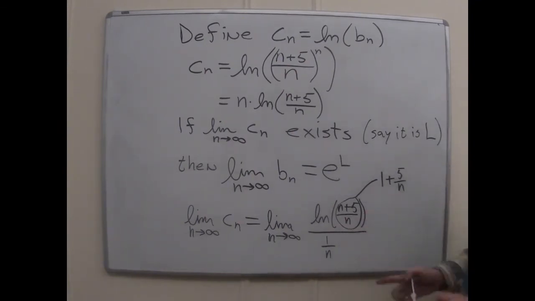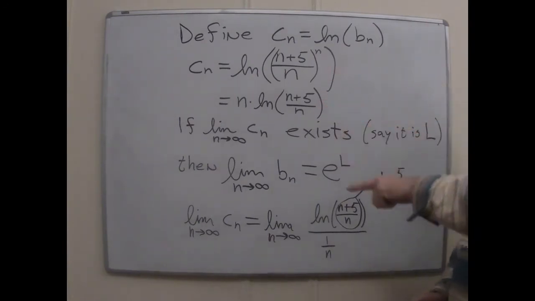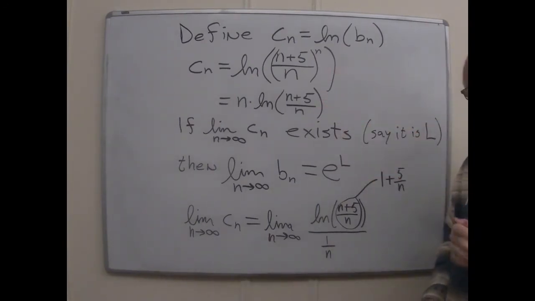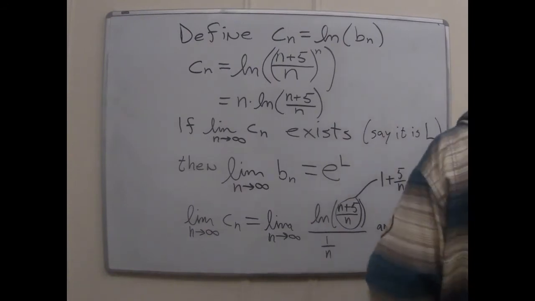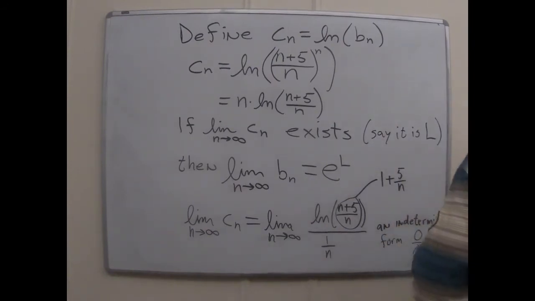So we got 0 over 0. Oh, perfect. This is an indeterminate form. That's actually good news, because there's a named rule that we can use when you've got an indeterminate form. This guy looks like 0 over 0, right? So what is the trick you do when you have an indeterminate form? You use L'Hopital's rule.